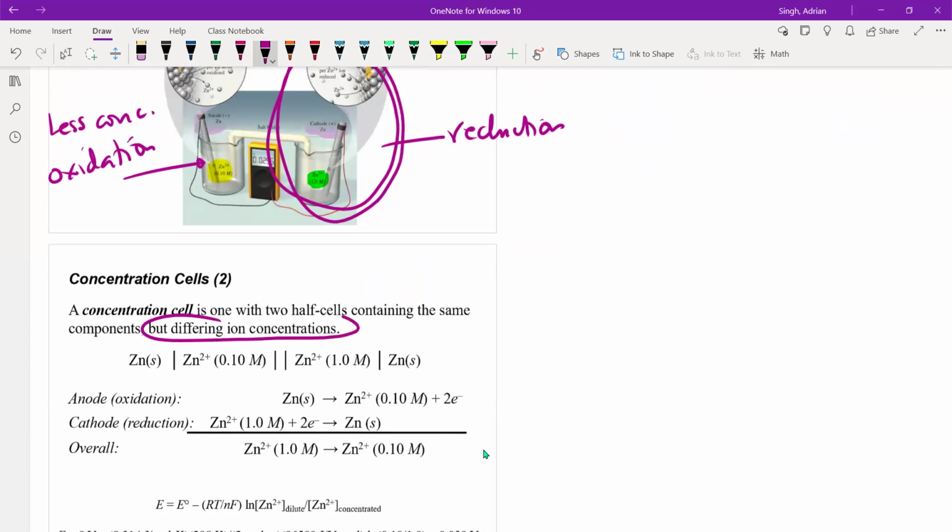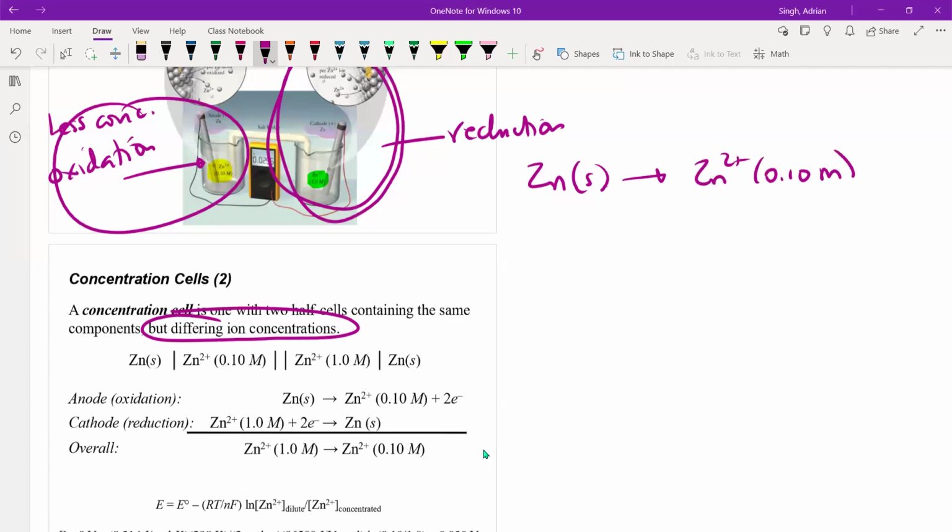So we have our concentration cell made up of two half cells containing the same components, but differing ion concentration. So again, now we can write the equation for the oxidation. The oxidation happening here is the zinc solid becoming zinc 2 plus, and that's 0.10 molar, plus 2 electrons.